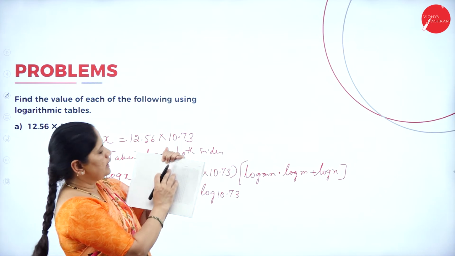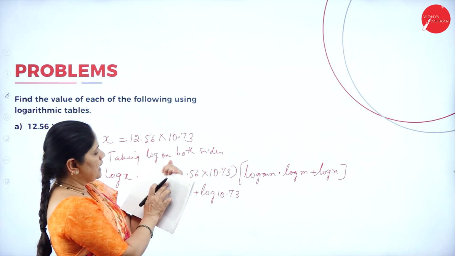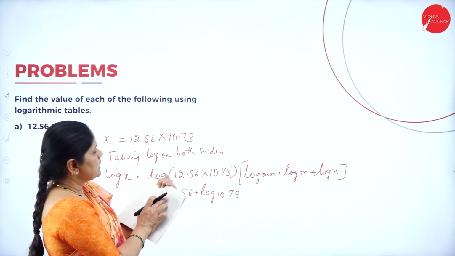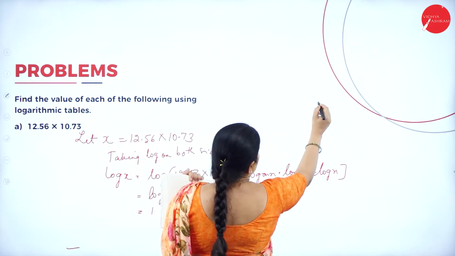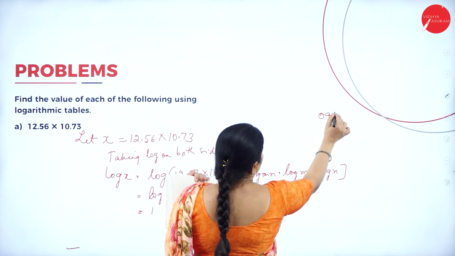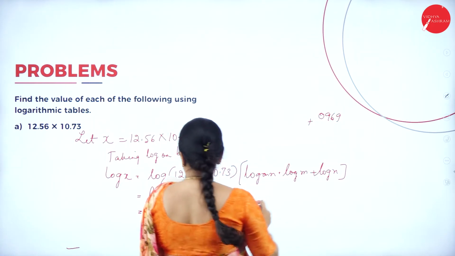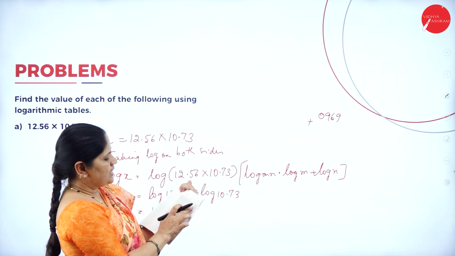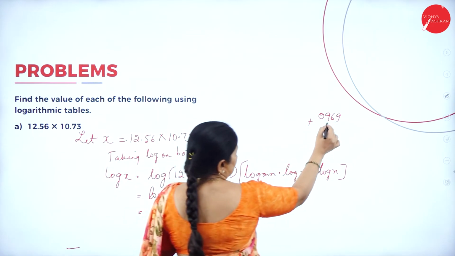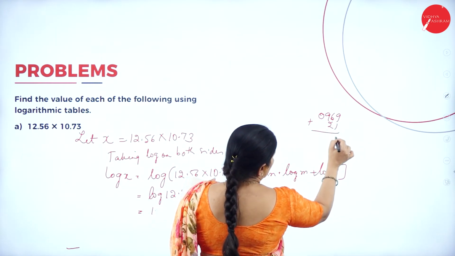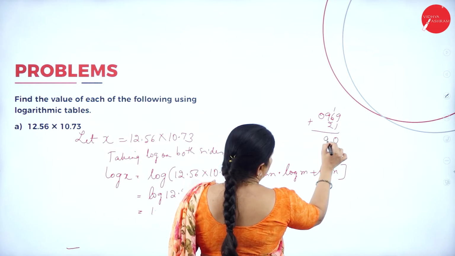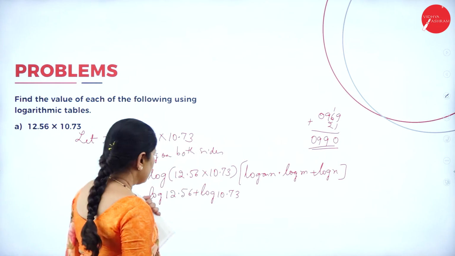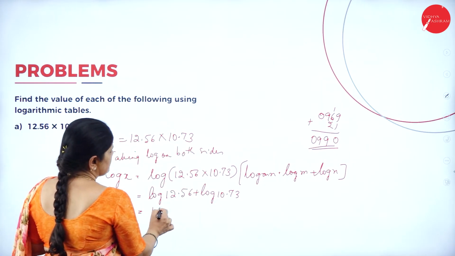In the log table, I have to see the number 12. So 12 comes up to 0969. So 0969 plus, for 1256, 21. So 21 I add it here. 9 plus 1, 10, borrow 1, 9, 9, 0. So 0990.